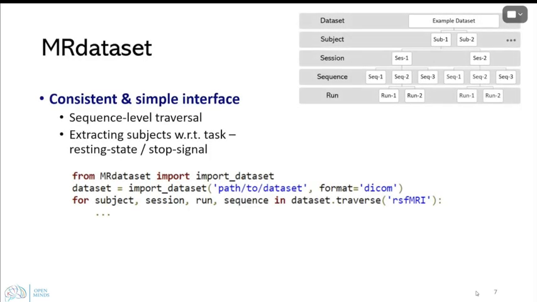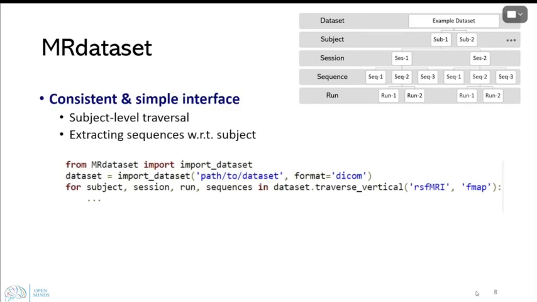MRdataset, which offers a simple and consistent interface which simplifies neuroimaging data management. It's a simple structure which provides you all the subjects with respect to a particular sequence. It also provides subject level traversal.